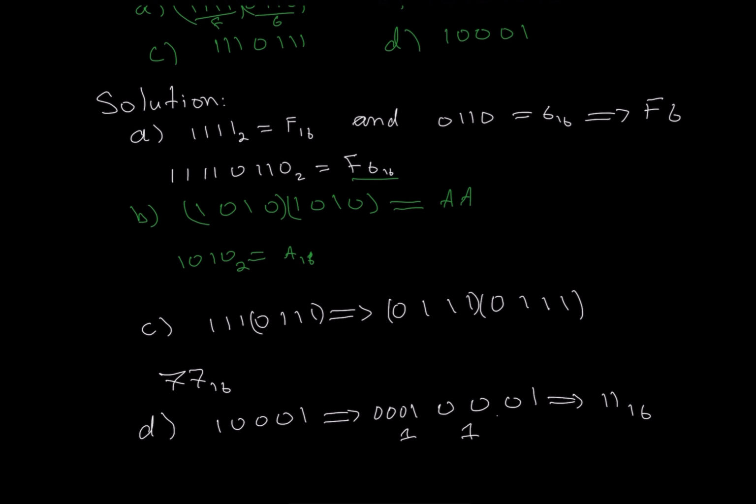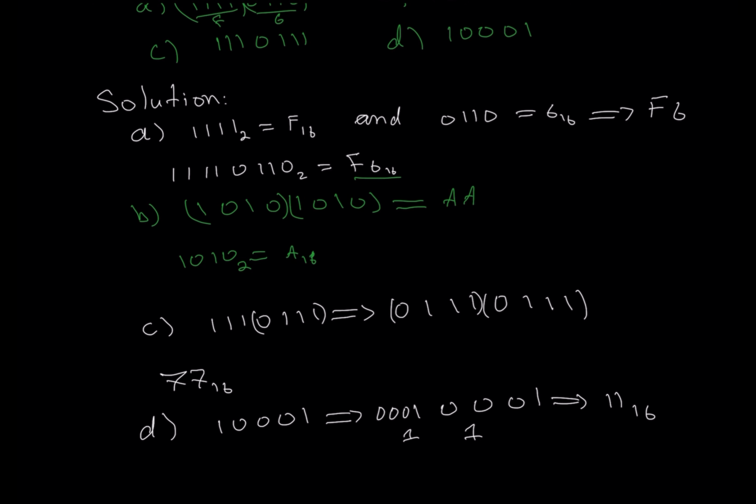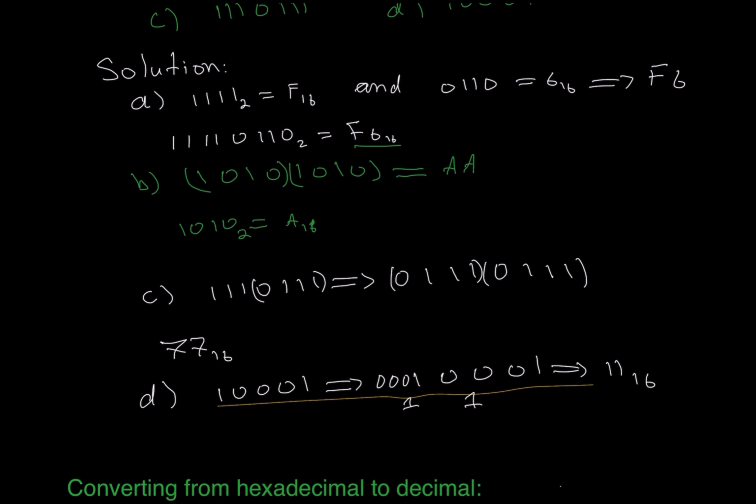So that is 11 base 16, not base 10 here, because 11 in hexadecimal and 11 in base 10 are different. 11 base 16 is not the same as 11 base 10, so they are different numbers. Alrighty, moving on to our next topic.